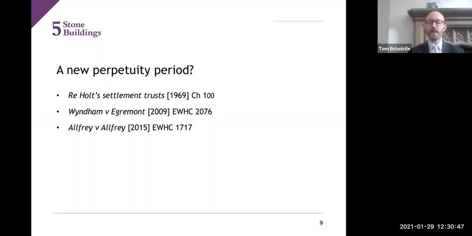And in that case, the judge held that although the original settlement long predated 1964, the order under the VTA effectively restarted the perpetuity period, and not only that, but could take advantage of the new fixed period under the 1964 Act. And the same now applies to the Perpetuities and Accumulations Act 2009.